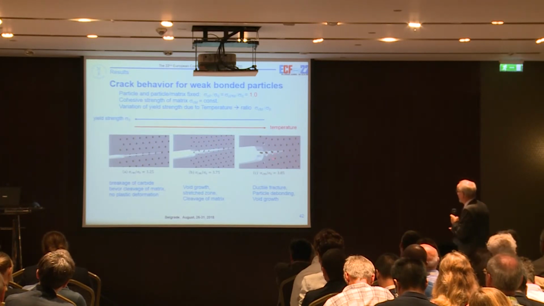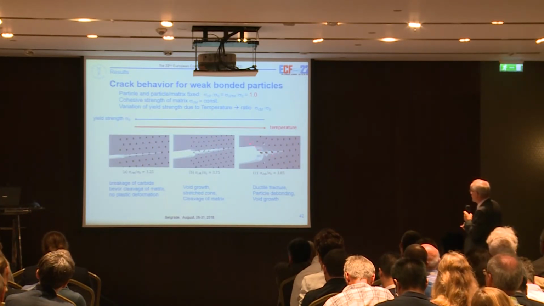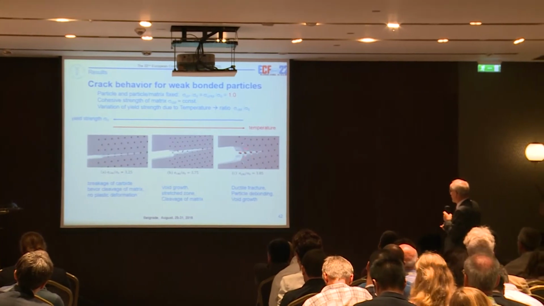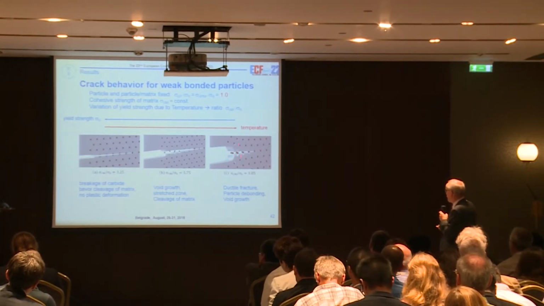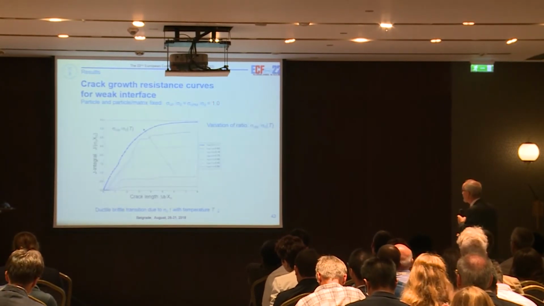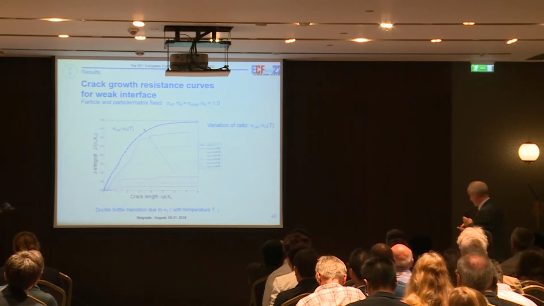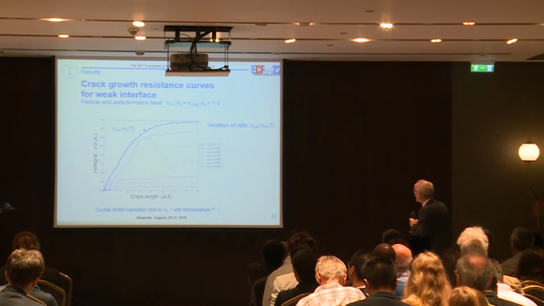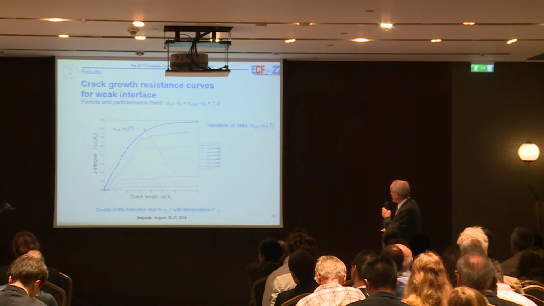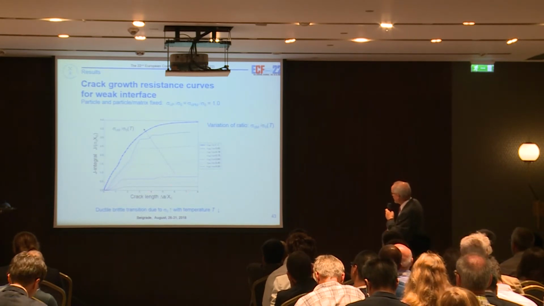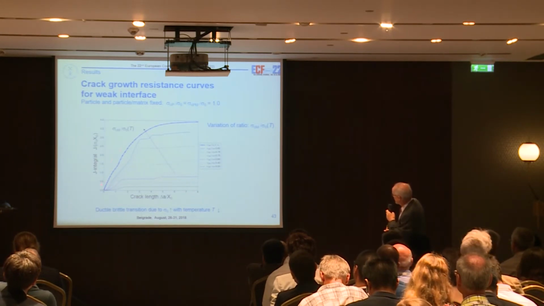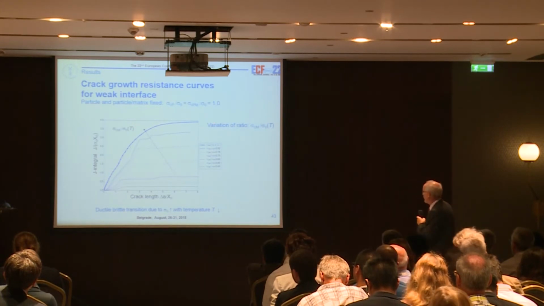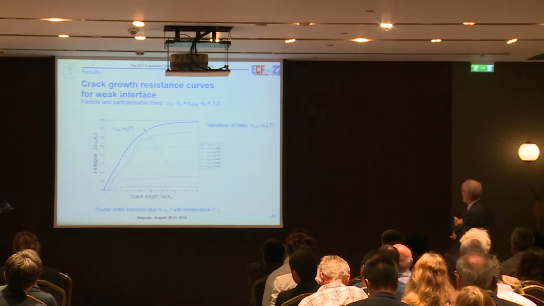And for higher temperatures, we have complete ductile debonding of the particles and void formation. So this gives us JR curves here from the brittle to the fully ductile behavior for our parameter set, and only by variation of this ratio.